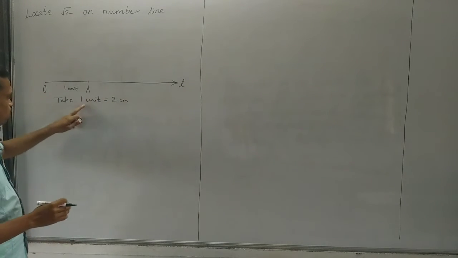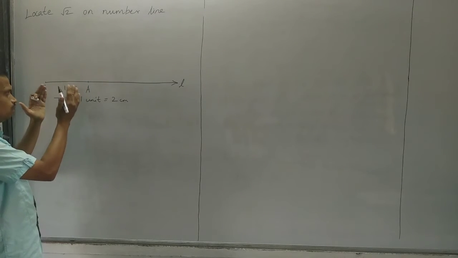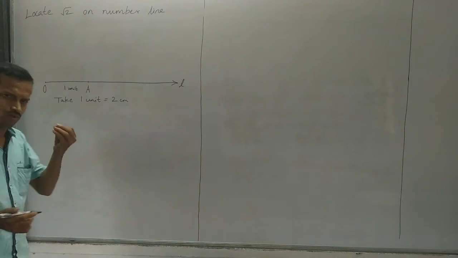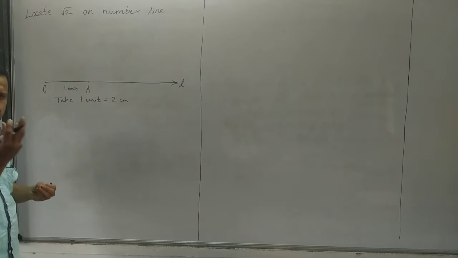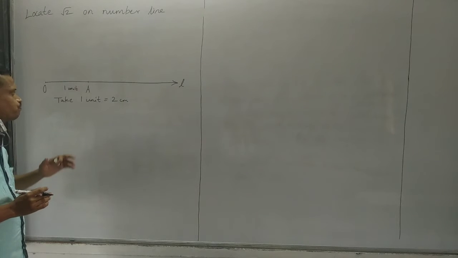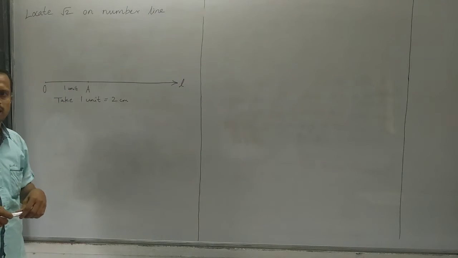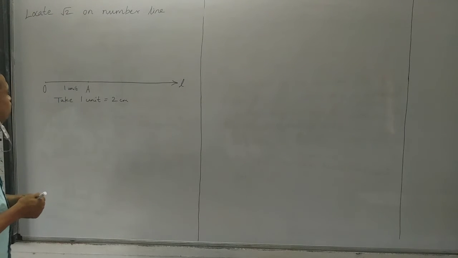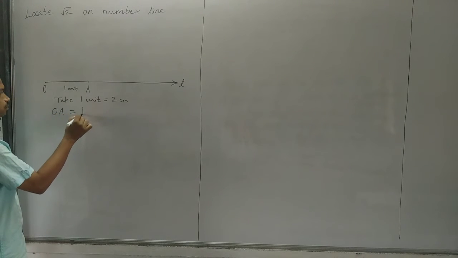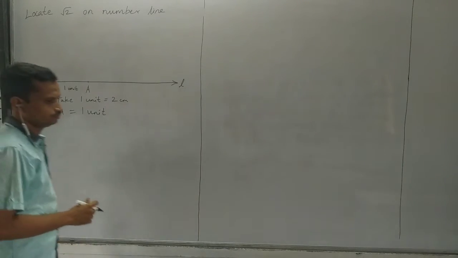Then only we can get a large gap. If you take 1 centimeter, it will be too small to see. So to see it clearly, we take 1 unit as 2 centimeter. So OA is 1 unit, and 1 unit is 2 centimeter measure.